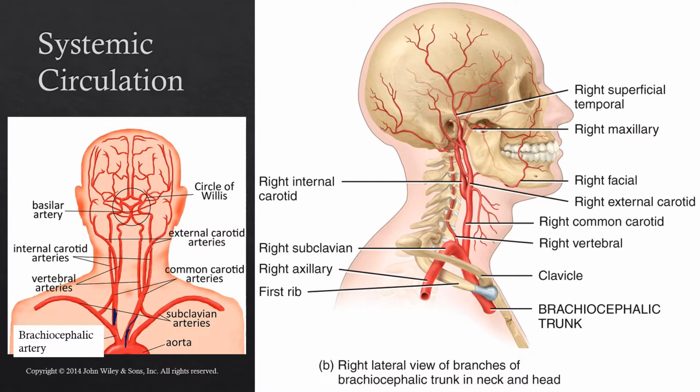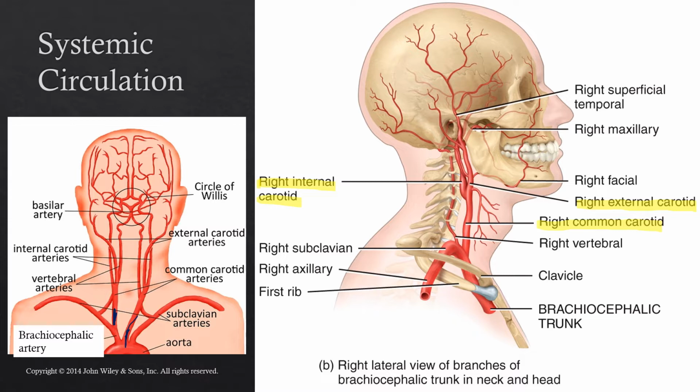So on the right here we have the right common carotid artery, which is branching off of the brachiocephalic trunk, and all the branches that come off of that as well. For both branches, we're going to have an internal carotid and an external carotid. So here we have the right internal and external carotid branches, whereas on the left common carotid artery, we would just have the left internal and the left external carotid arteries.